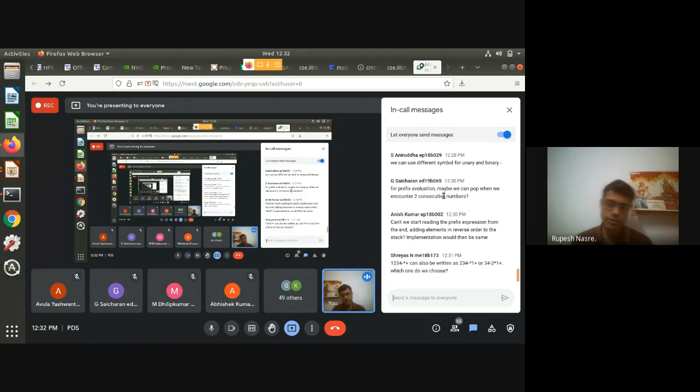So we'll just use the first one. Is that okay? For example, if we take the second one, 2, 3, 4 minus star 1 plus, then the infix expression corresponding to that will change, because we are not really taking advantage of commutativity, associativity, or other properties. So we will follow that without optimizations. Any other concerns, questions?